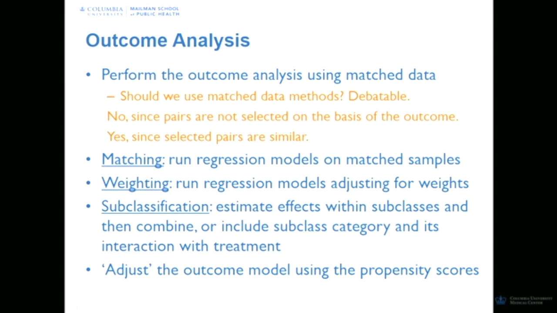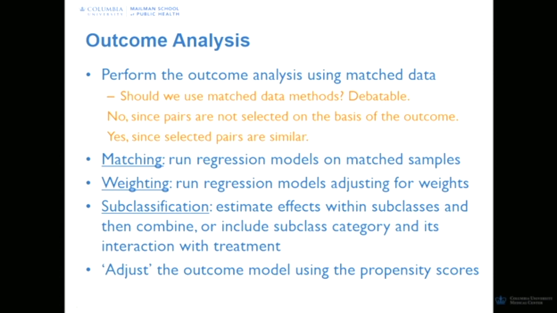Now, another way to analyze the outcome, if you do not want to create pairs and go through all that nearest neighbor algorithm, you can do a regression analysis with your outcome as the dependent variable, with covariates, adjusting for all the propensity scores, all those probabilities that you had in the data.